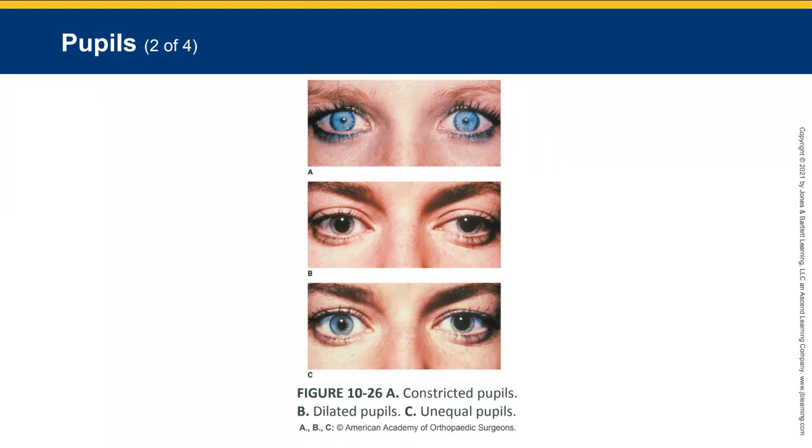If the pupils are fully dilated, it can be a sign of death, it can also be a sign of head injury issues, or it can be a sign of barbiturate overdose. If the patient has unequal pupils, unless they have been born with the pupils that way, you should be thinking about some type of head injury or brain injury.